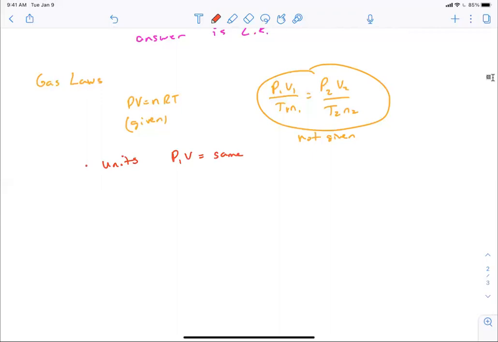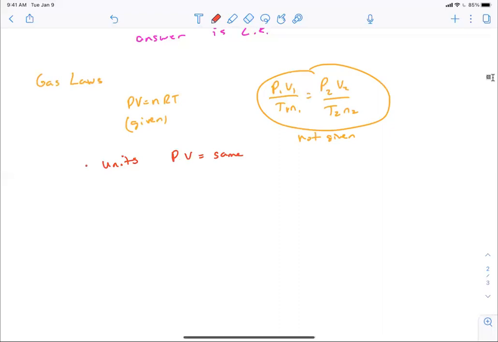So if you convert both of them to kPa or both to atmospheres or both to psi, it's still the same ratio of pressures. If you have 100 kilopascals and 50 kilopascals, well, that's still almost 1 atmosphere and almost half an atmosphere, or it's 14.7 psi and 7.35 psi. So the ratio is still the same.